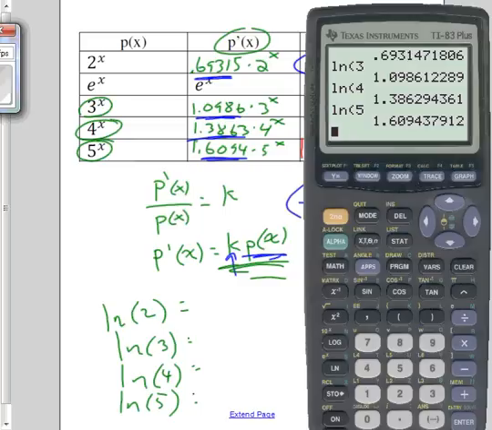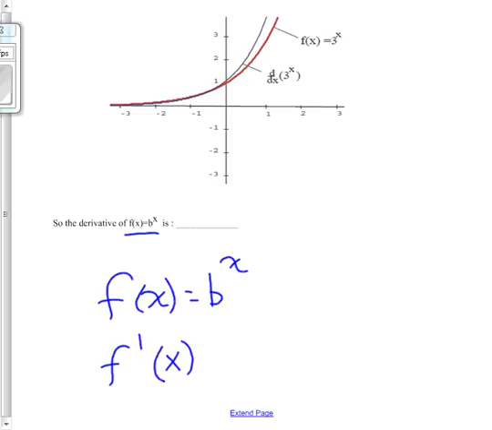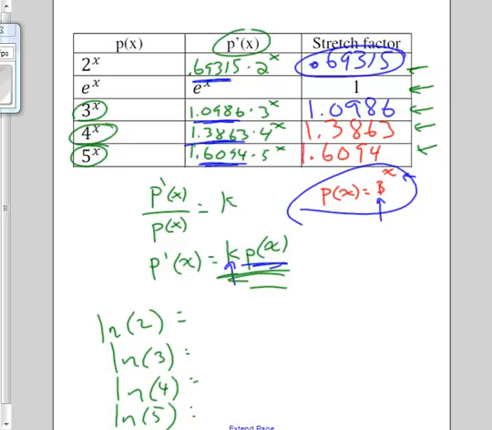By conjecture, I mean if my function equals b to the x, what is my derivative? Well, going back a page, remember this value here, what is that really? Well, that is ln2. And this is ln3.